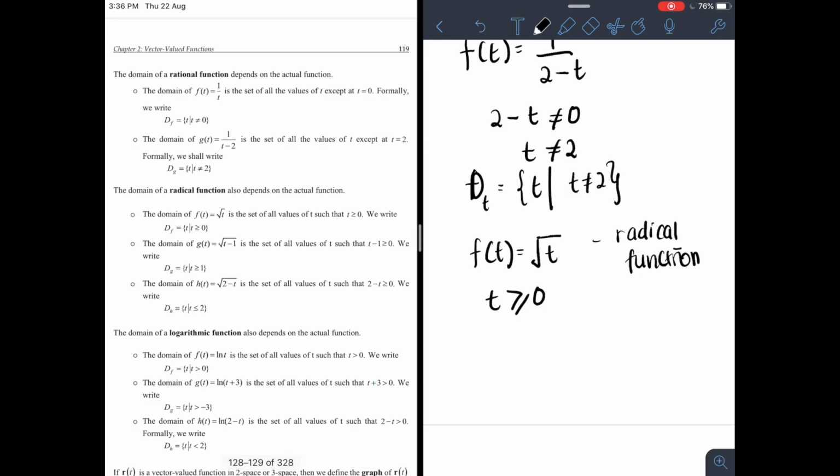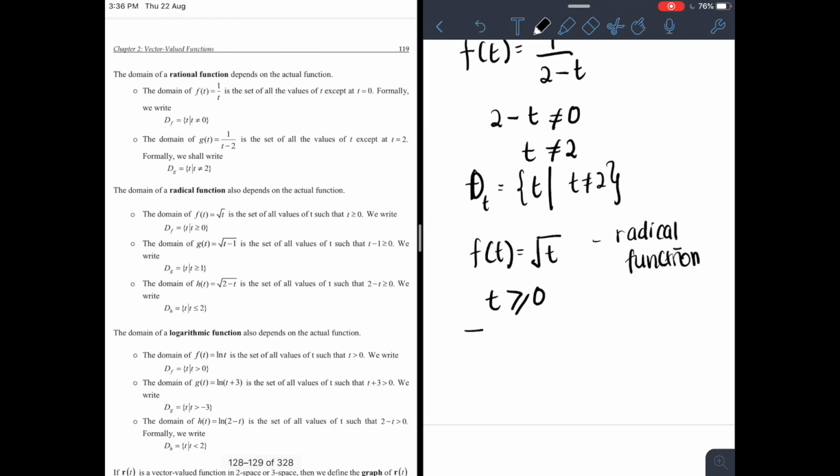Why did we end up with this conclusion? Okay, let's take a look. If you have your calculator with you, try to put any value of t as long as it is larger than or equal to 0. You will see that you will get an answer.